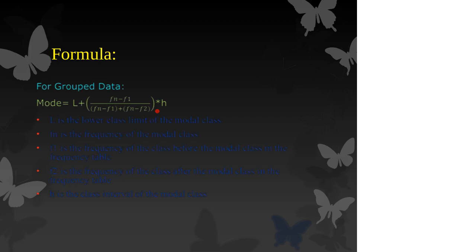We are saying Fm minus F1 over Fm minus F1 plus Fm minus F2. We multiply h outside. Are we together?